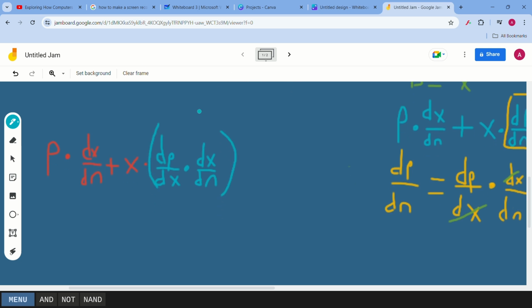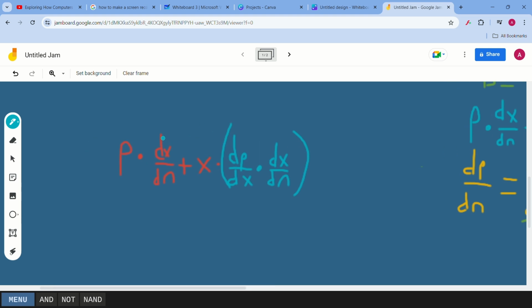Now, I want y'all to think. What could we do? Couldn't we take anything common? Could we somehow simplify this? Hint, hint. I'll let y'all think. Okay, you got it now?